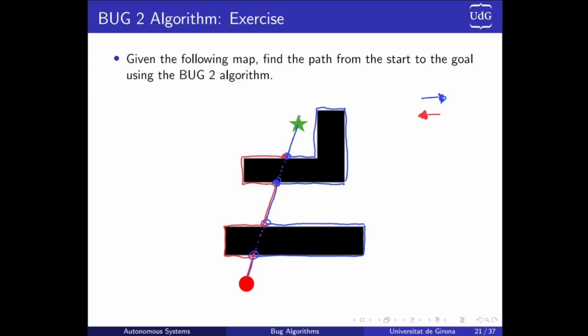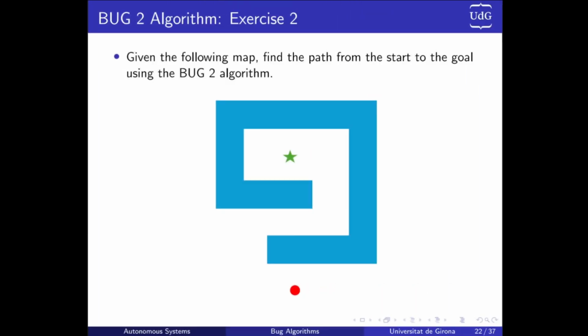Again, this distance is smaller than this distance, then we move towards the goal. This time, moving left has been slightly shorter than moving right, okay? But in both situations, we have reached the point.